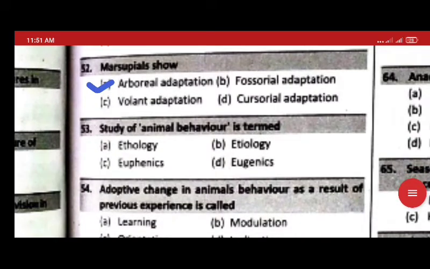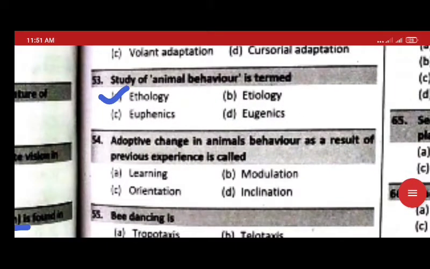Now study of animal behavior. So a study of animal behavior is called ethology. Now adaptive change in animal behavior as a result of previous experience, that is called learning.